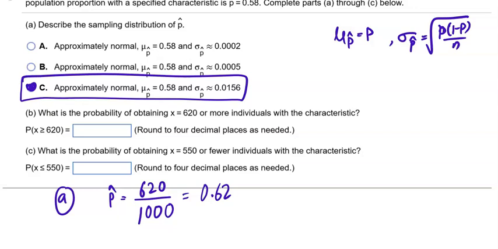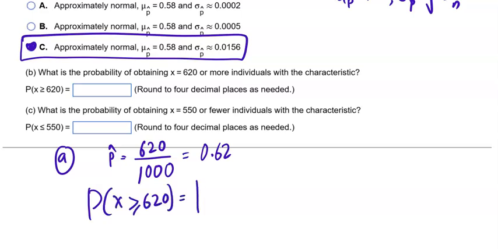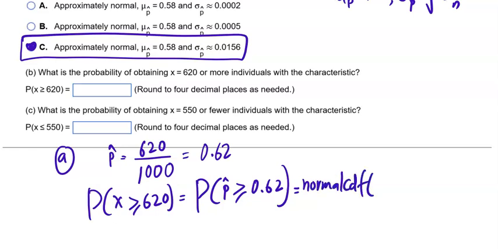So the first question, you're looking for the probability of x greater than or equal to 620. This is the same as saying the probability of p hat greater than or equal to 0.62. Since you have a greater than, as you know from the previous question, it's normal CDF. The lower bound is 0.62, and the upper bound is 10 to the power 99.